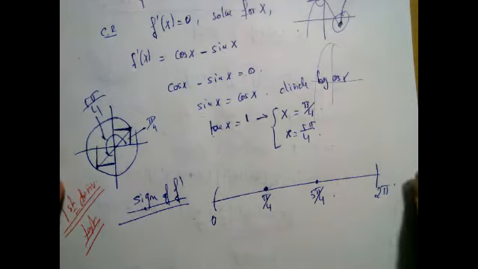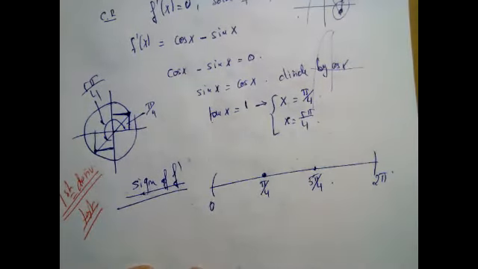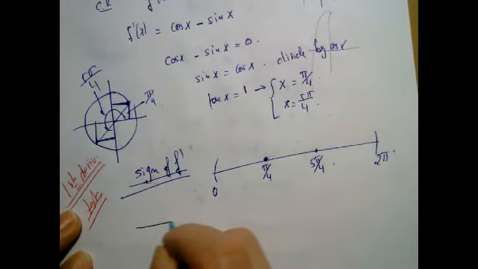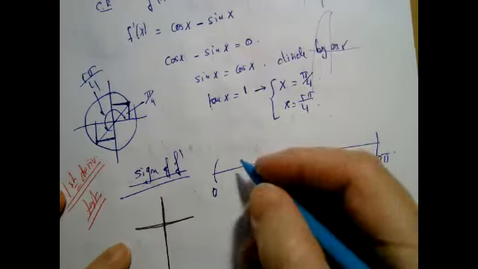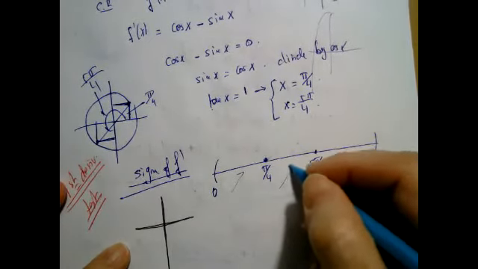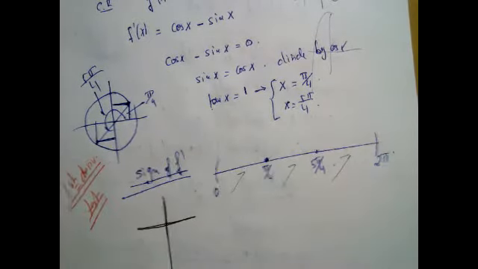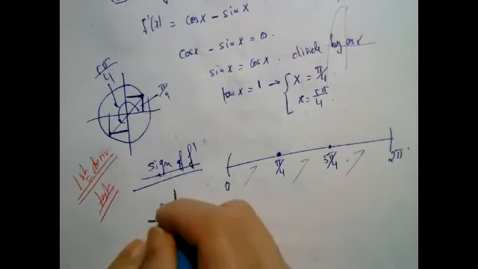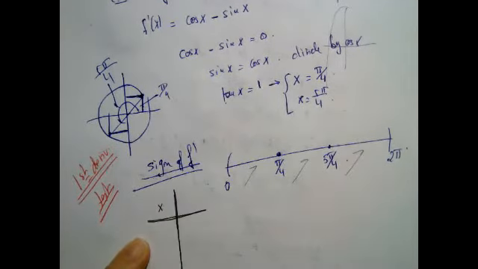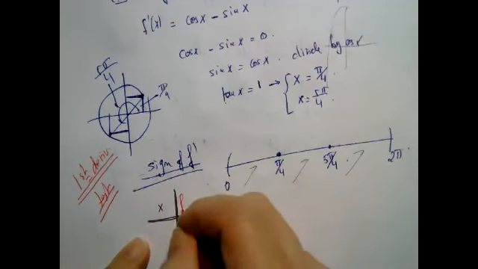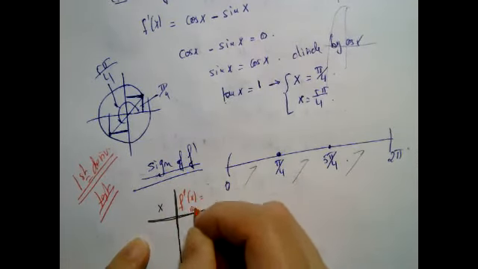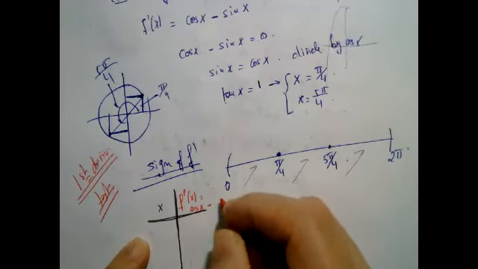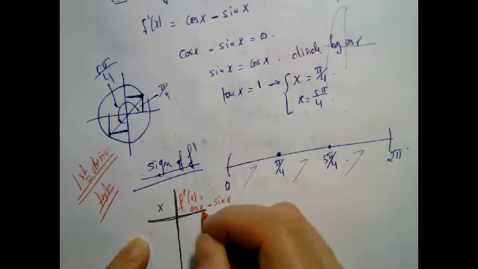To find the sign of f prime, we have to take test points. So I need a point here, one here, and one here. All right, so this is my x. And remember, here should be f prime because I'm studying the sign of f prime, which is the cosine minus the sine.